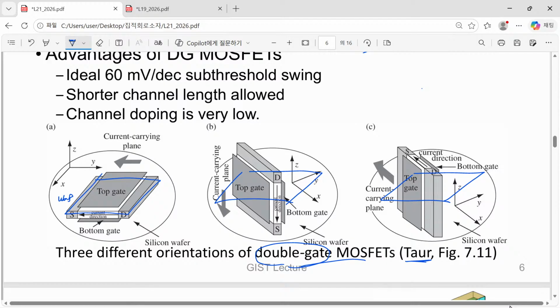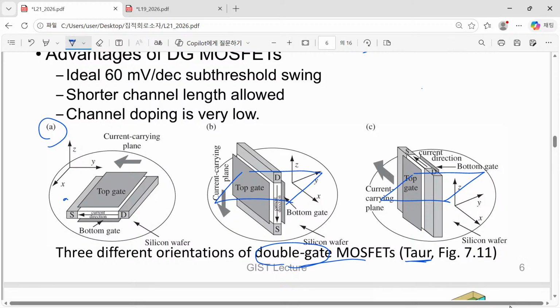So simply speaking, in case A, our channel is placed horizontally. I mean that if we have a sheet of paper, and this is the wafer, then we are placing our channel in this way. Just in-plane transport occurs.